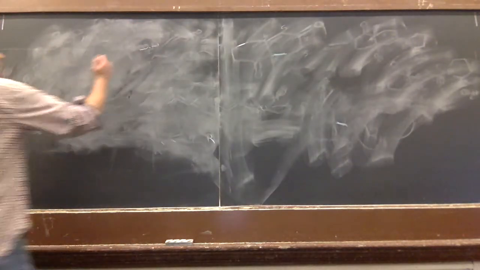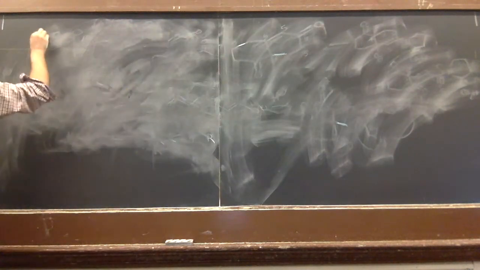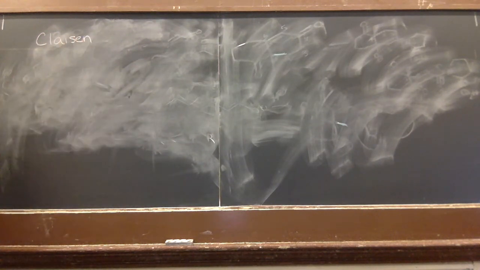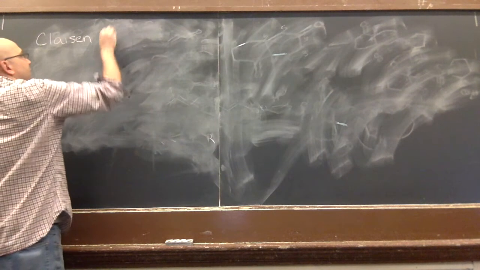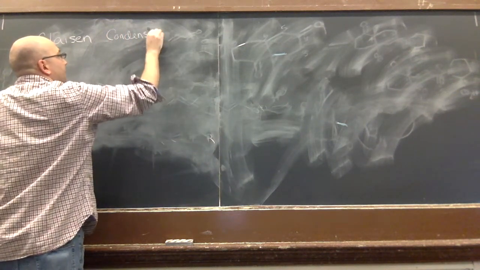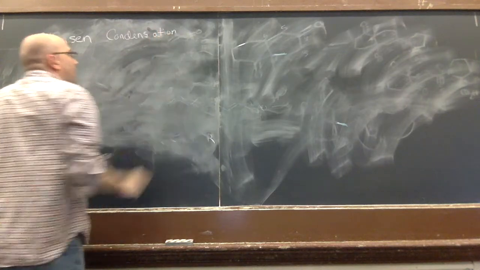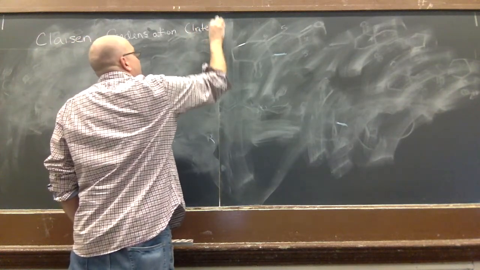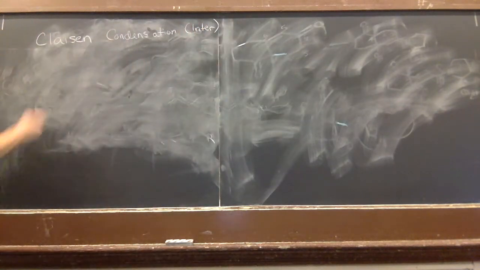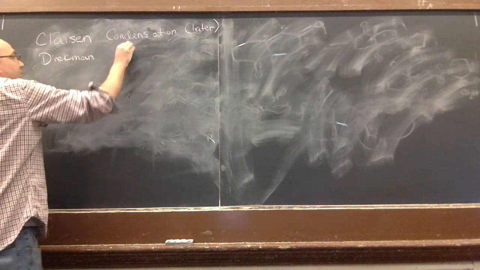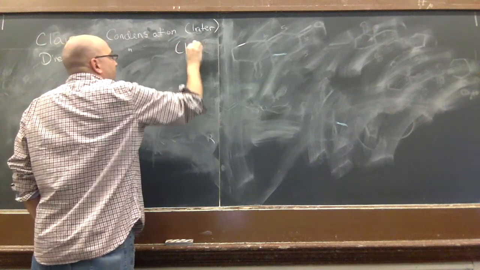The next two reactions that I want to discuss are basically the same reaction, but one is an intermolecular reaction, one's an intramolecular reaction. And these are the Claisen condensation, which is going to be intermolecular, and the Dieckmann condensation, which is intramolecular.